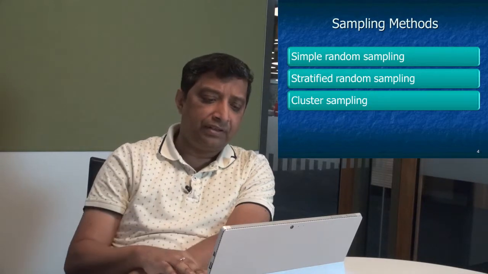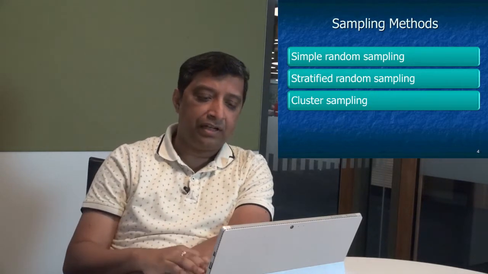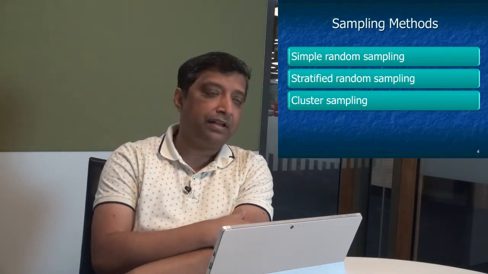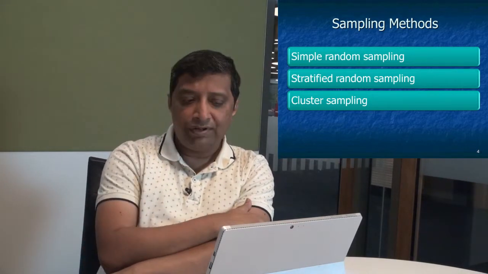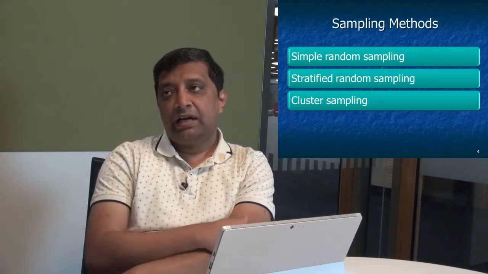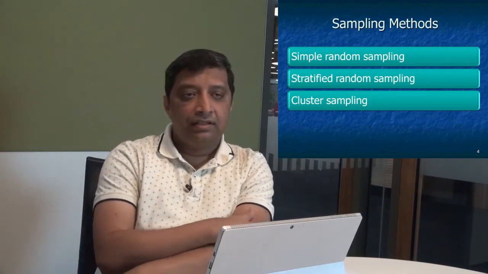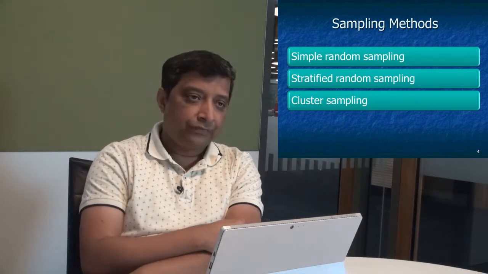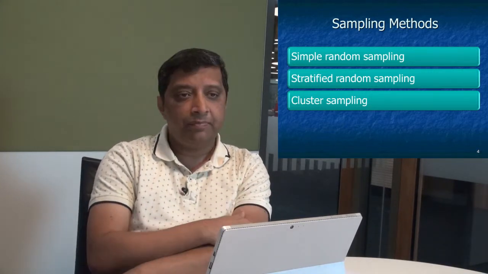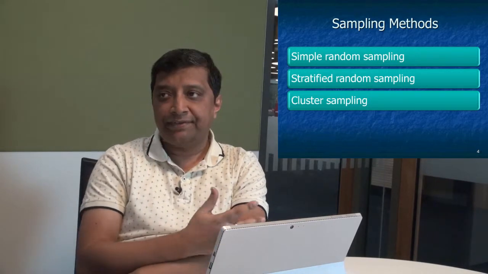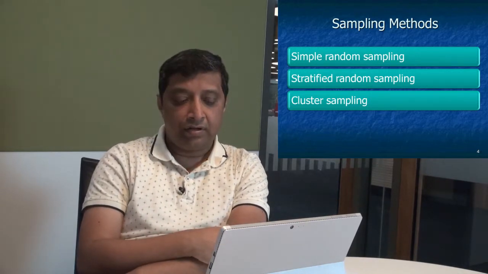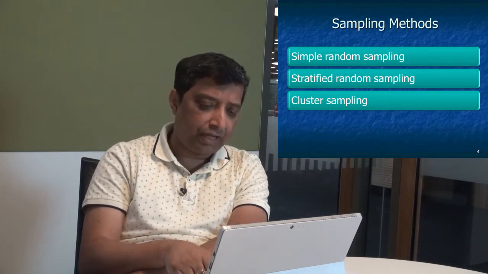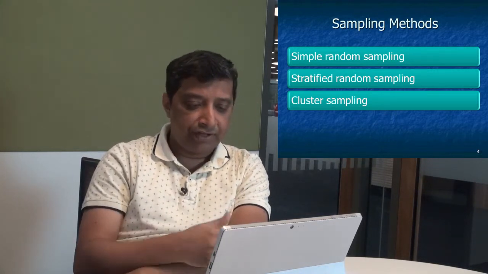The commonly applied sampling method is simple random sampling, and you will hear a lot about a random sample being taken, a random survey of customers. What does it exactly mean? Random sampling is a sampling method where each person in that population has an equal chance of responding to the survey.